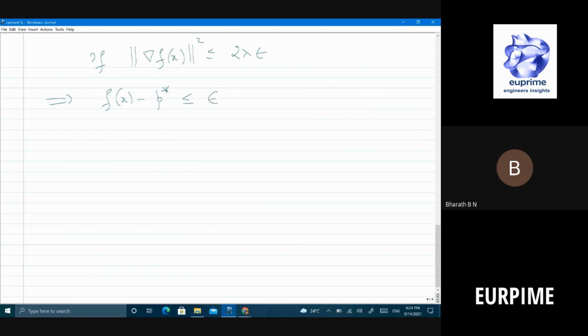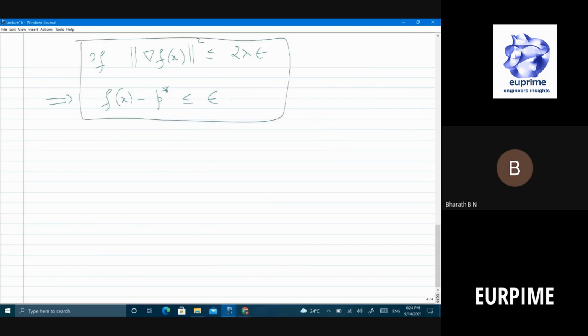Do you agree with this? Is the flow clear? All that I'm saying is a very intuitive statement: if the gradient is small, then the gap is also small, which is very intuitive for convex functions, strictly convex functions. So this is an important result.